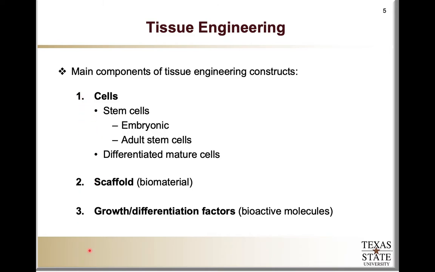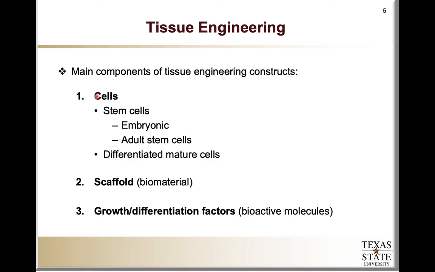And in addition to that, for the cells to be able to grow, we actually have to provide growth or differentiation factors that are bioactive molecules that are going to stimulate or encourage those cells to actually function. Here we're going to start by focusing on the cells. These are the cells that we can actually include within the scaffold, and later we're going to be talking about what the scaffold properties need to be, and finally we'll talk about the way to be able to incorporate this kind of growth or differentiation factors.